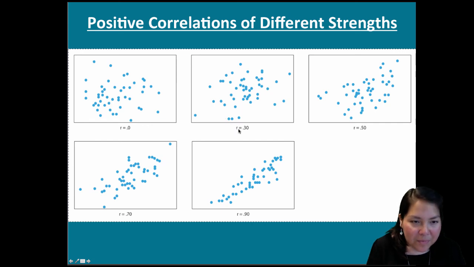Here we see r equals 0.3 all the way to 0.9. And again, as you can see, as they progress towards r equaling 1, then we start to see a straight line. And so with this ends the second section of chapter 2 in talking about correlations.